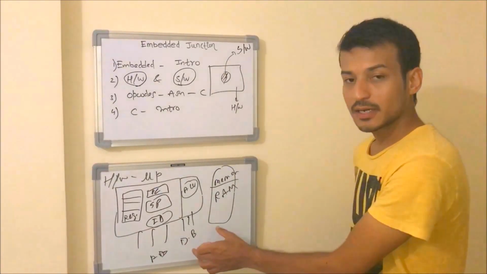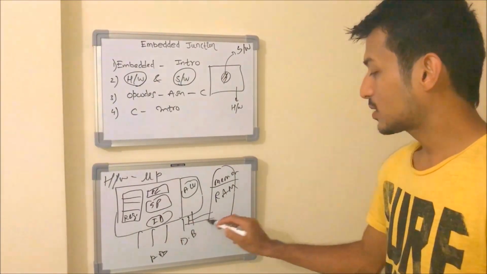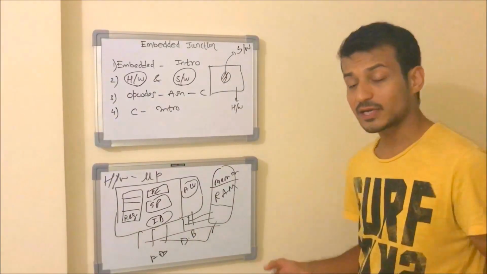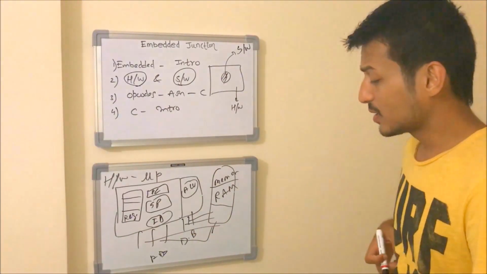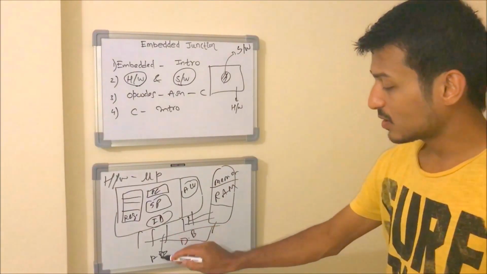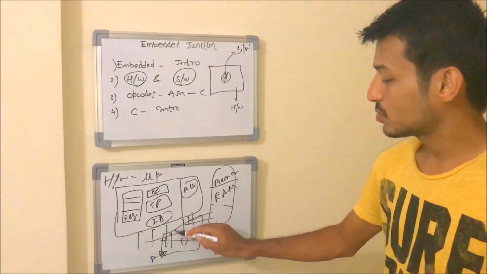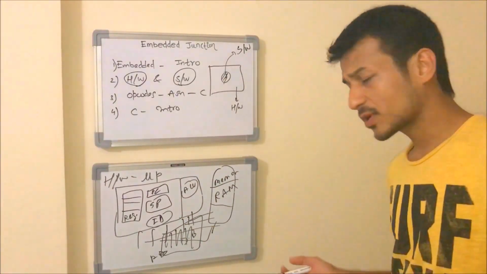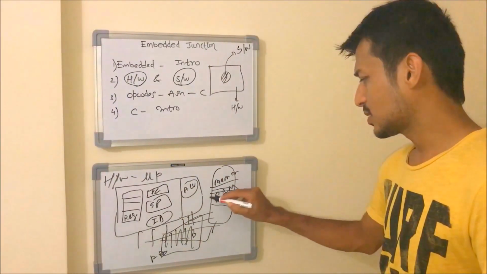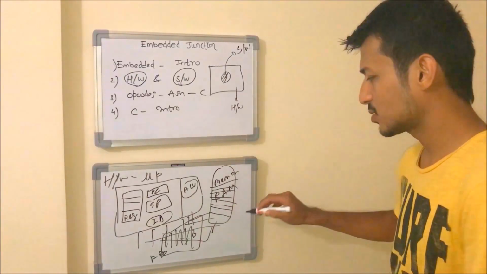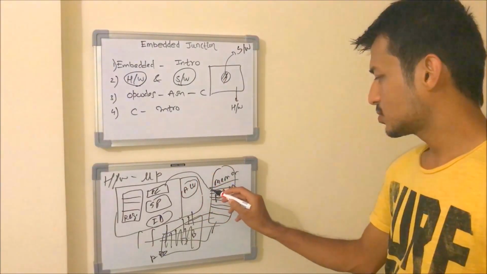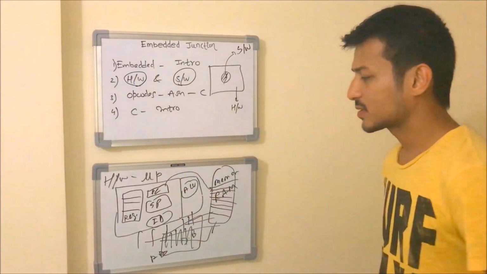So with address bus and data bus, we interface with the memory, whether it is a RAM or a flash memory or a ROM, and definitely we need another interfacing circuitry to interface this memory to this. And let's say if your program is in the RAM, it is getting executed from the RAM. The program counter's job is to store the address of the next instruction.